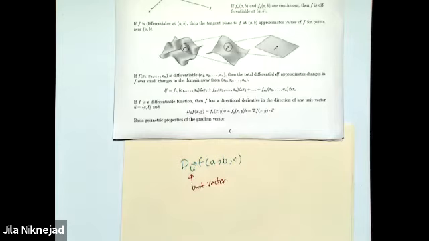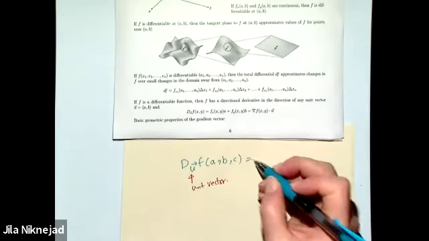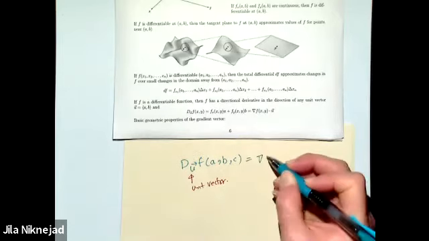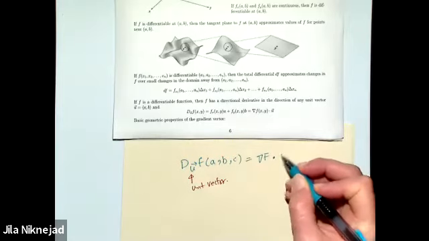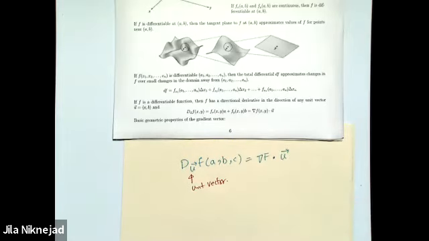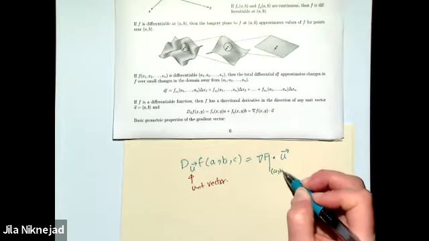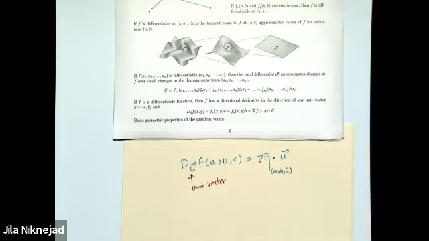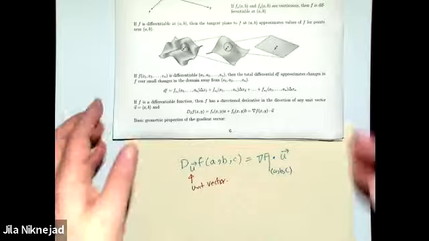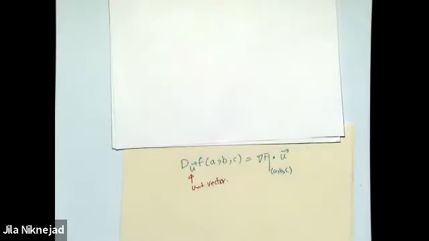This is going to be the gradient of f dot u at a and b and c. So that's the basic reminder. Oh no, I didn't do one more thing.